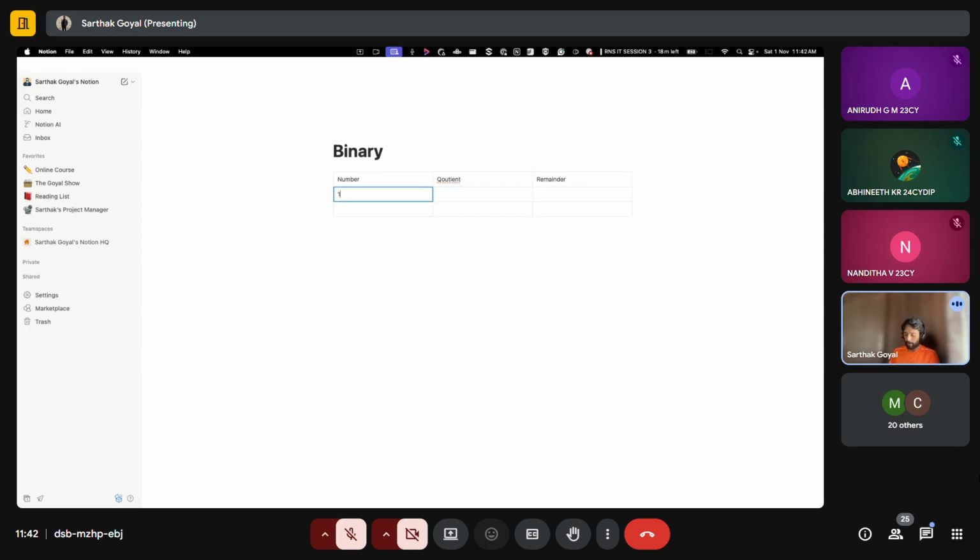So we have 192, right? 192 divided by 2 would give you 96. Remainder is 0 here. Then when I take 96, remainder is going to be 0 again. Quotient is what? 48.